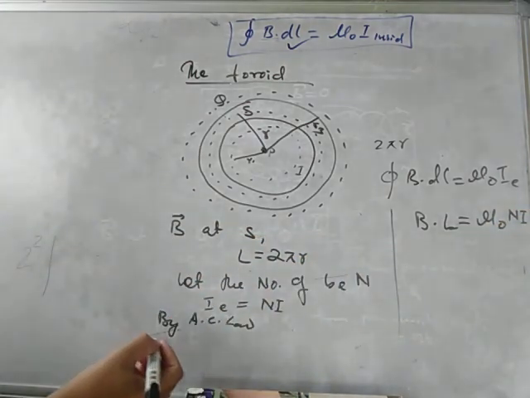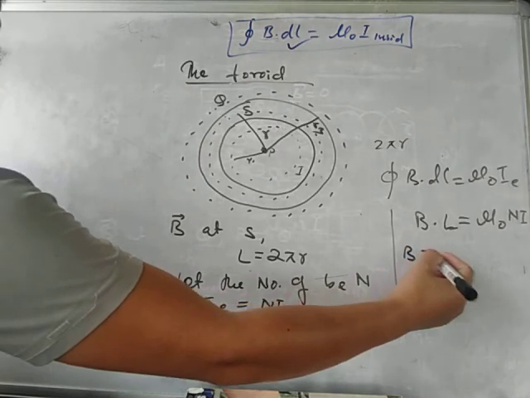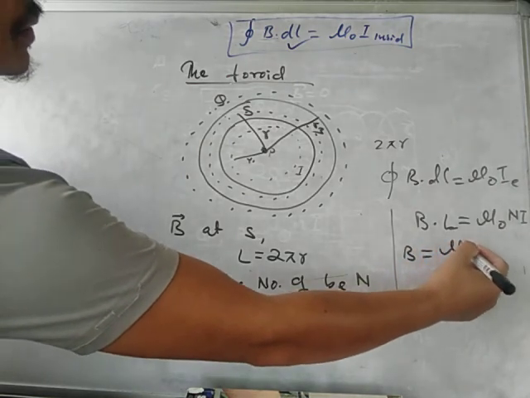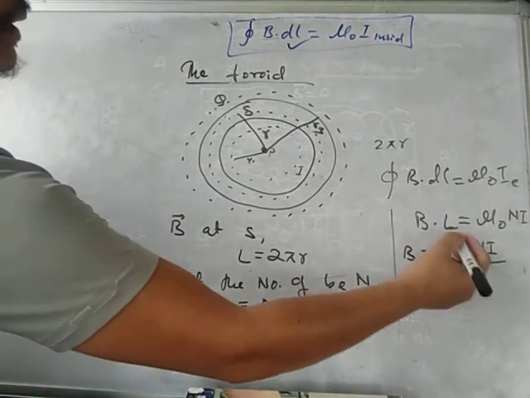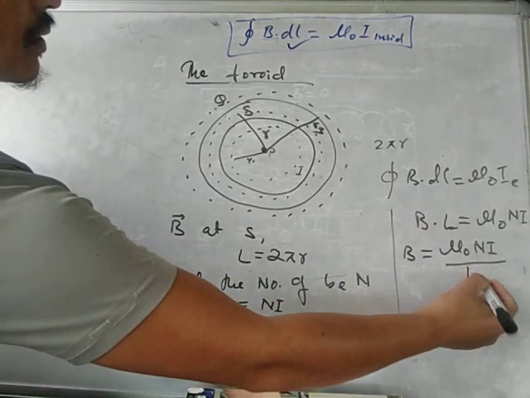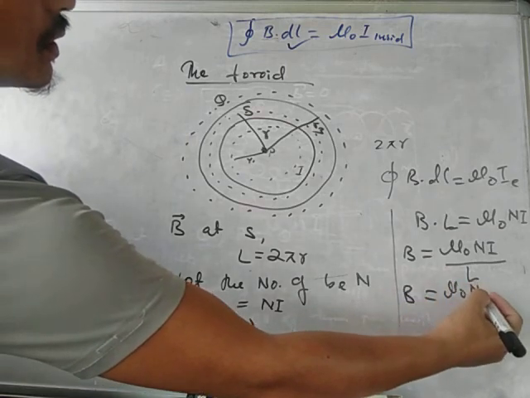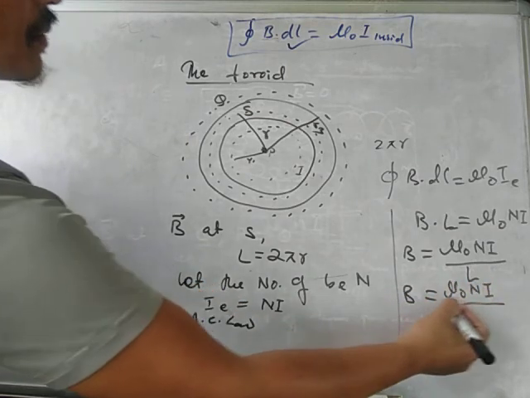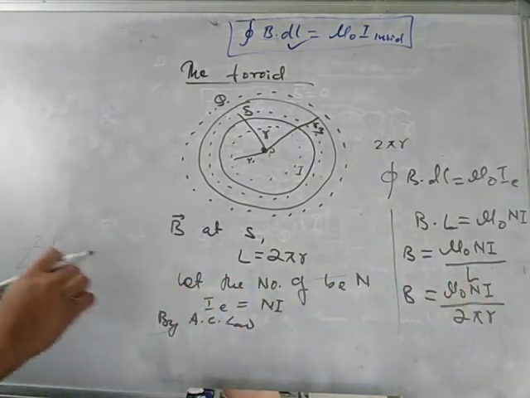Clear? So here B equals mu naught N i divided by L. Let me first write what L is. So B equals mu naught N i divided by L, 2 pi r. Understood?